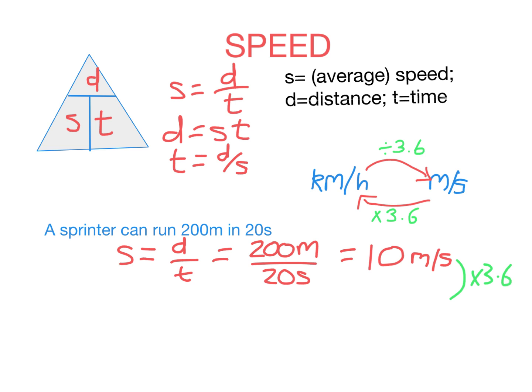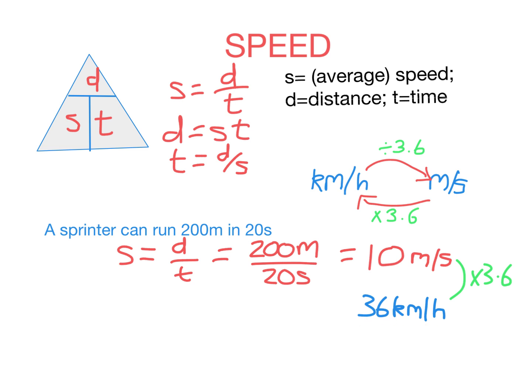So 10 times 3.6 gives us 36. That sprinter is traveling at a speed of 36 kilometers per hour. So you can see that that's not quite as fast as most cars would be driving on the road. That allows us to easily compare the speed of this sprinter with other known speeds.